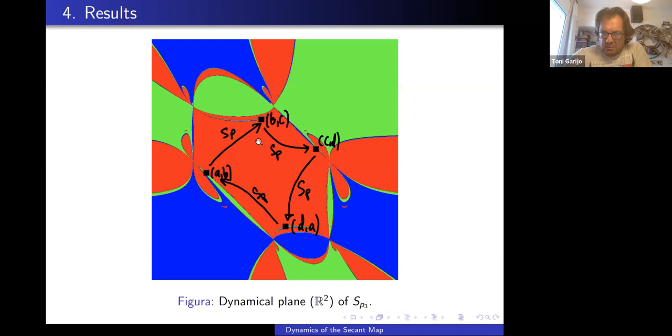We will prove later on that it belongs to the boundary, but when we compute this 4-cycle, at least in this picture, we see the 4-cycle on the boundary of the basin of attraction.